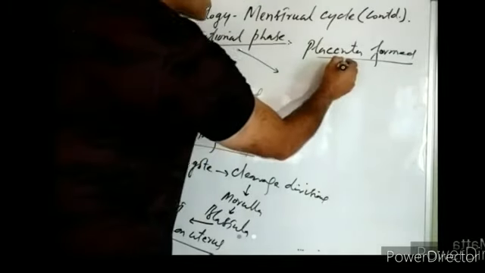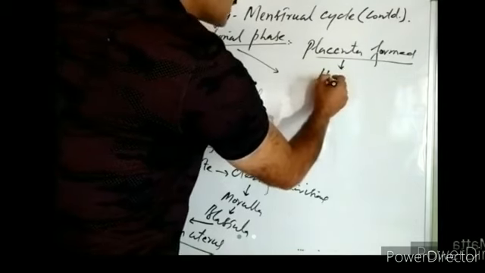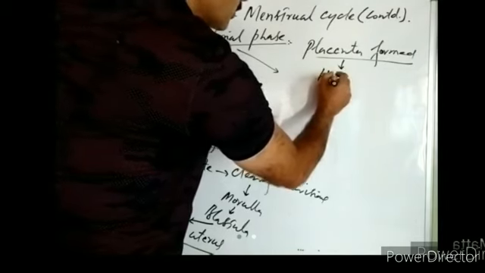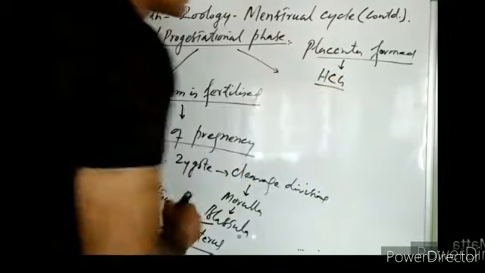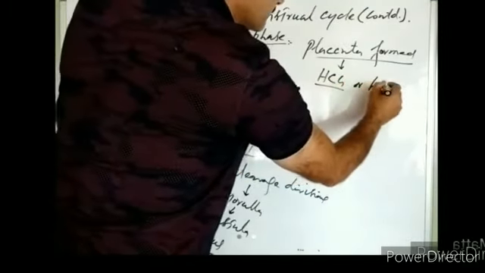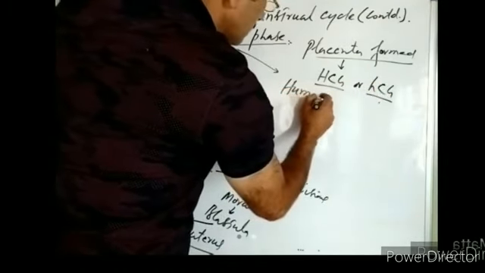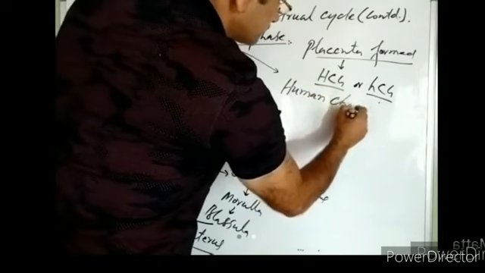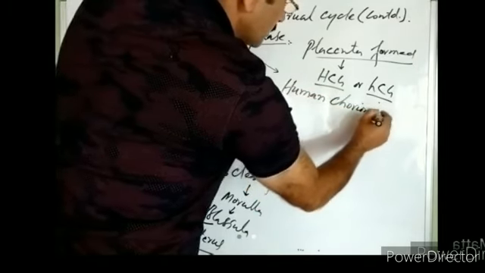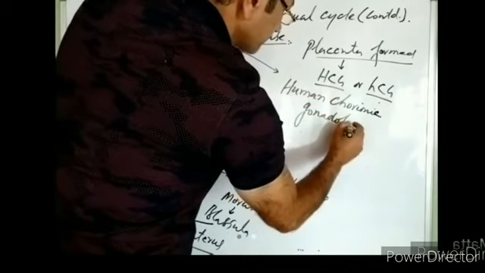As soon as placenta formation begins, it releases a hormone known as HCG, human chorionic gonadotropin. HCG, right? Human chorionic gonadotropin.